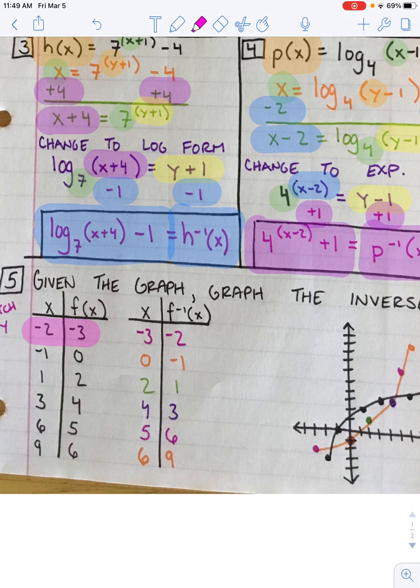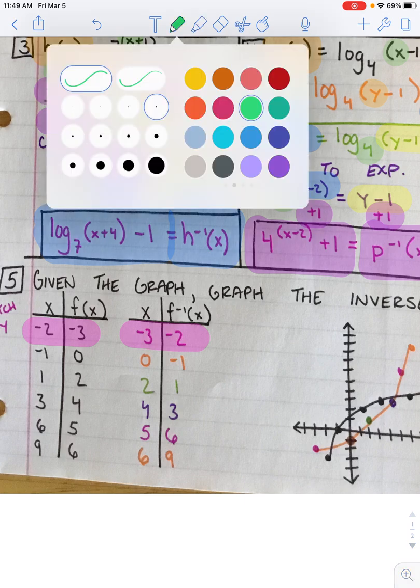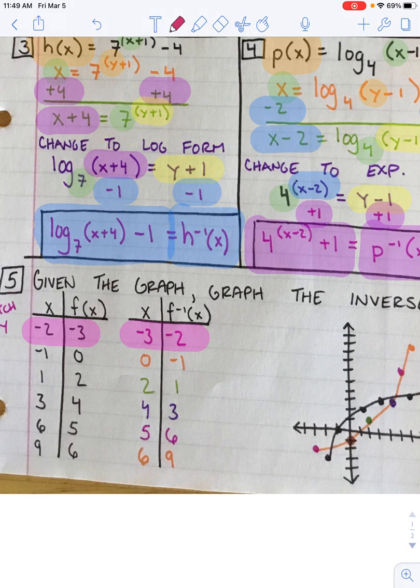So the inverse, x and y switch spots, -3, -2. If we go ahead and plot that, our original point was right here at -2 and -3, and our inverse is at -3 and -2 right there.